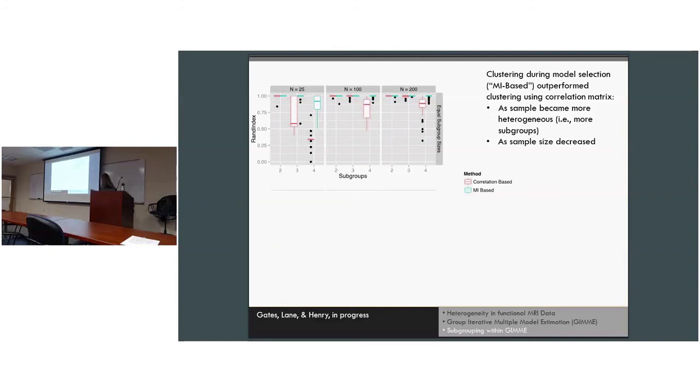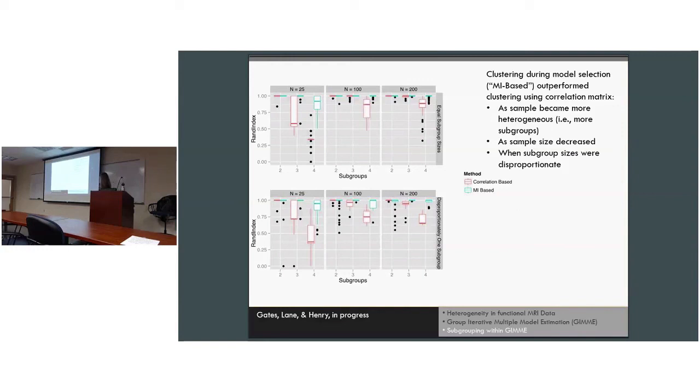And then as we decrease our sample size, we see huge gains by using the model-driven approach, which clusters based on the modification indices during model selection, as opposed to using the correlation matrices, which have the full information across all of the ROIs. We then looked, and this is for the equal subgroup sizes, so this has 25% of each subgroup in each case, and 33% and 50%.